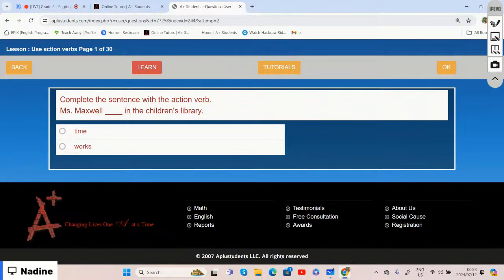We need to complete the sentence with the correct action verb by choosing the correct action verb.